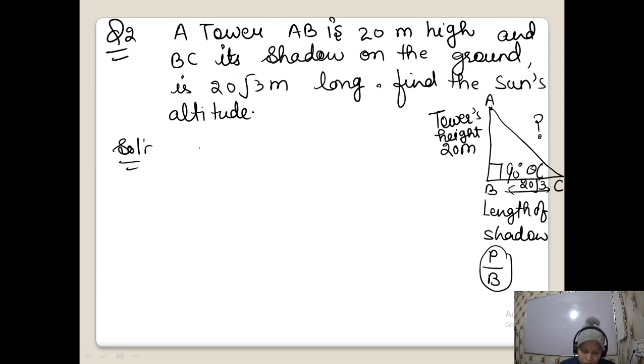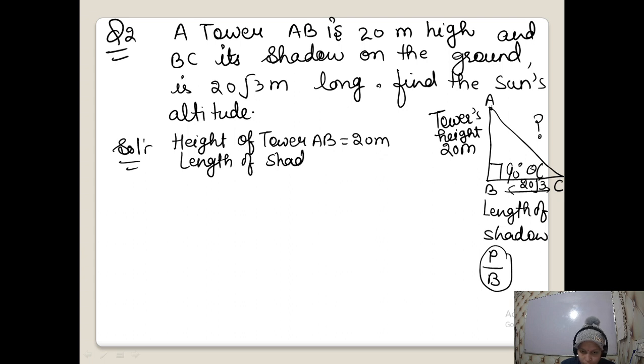For this question we first of all write the height of tower AB is equal to 20 meter. Length of shadow BC is equal to 20 root 3 meter. Then theta is equal to question mark, because we have to find it.